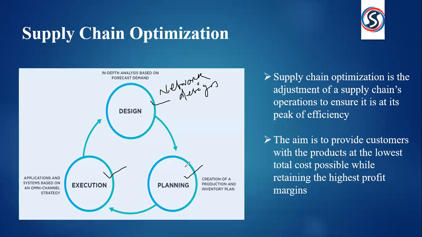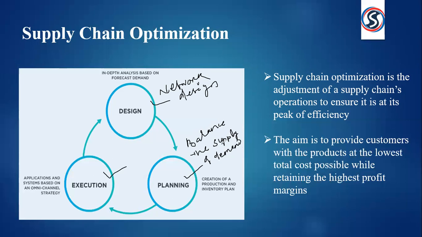Okay. So the main purpose of this phase is to balance the supply and demand. I will note it down. The main focus is to balance the supply and demand. It is the most important phase because all the planning is done here in this phase.